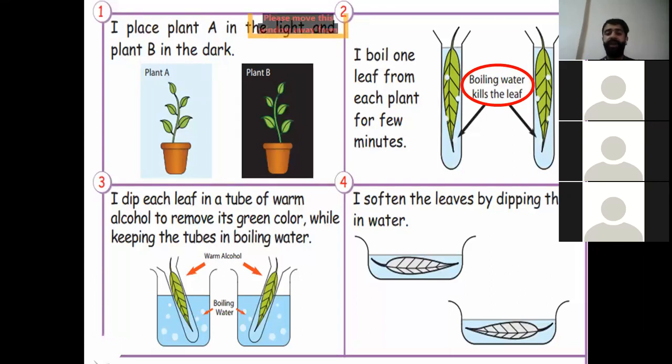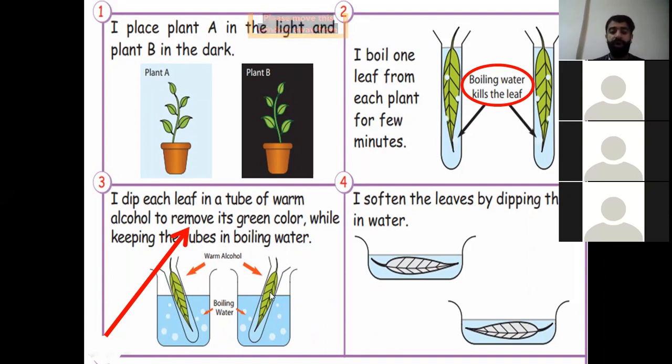Then, step number 3, we dip each leaf in a tube of warm alcohol to remove its green color. So here is the importance of dipping in alcohol: to remove the green color of the leaf while we keep them in boiling water.